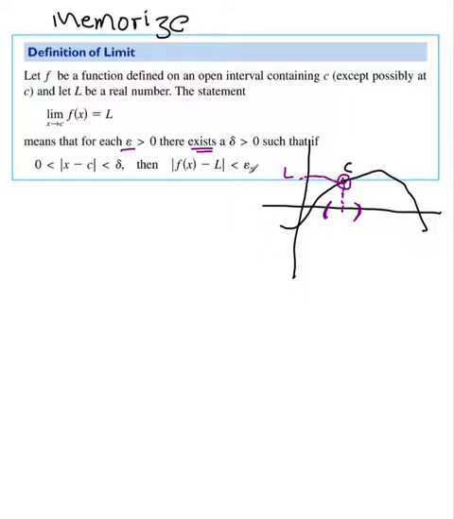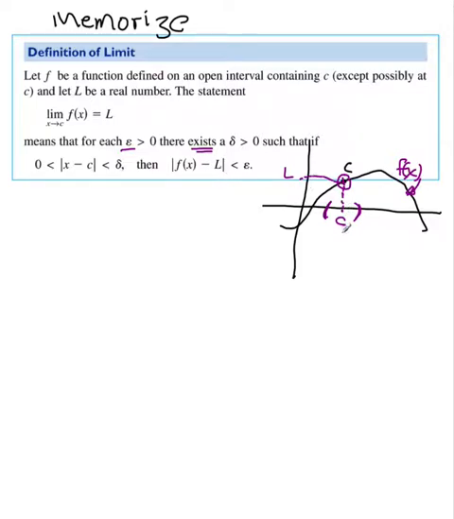Basically, what it means is if this L is equal to the limit of my function, and my function is f of x, here, it's always the curve. As I approach c, as I get in closer, then there is going to be a delta.